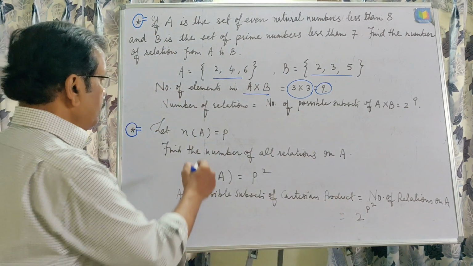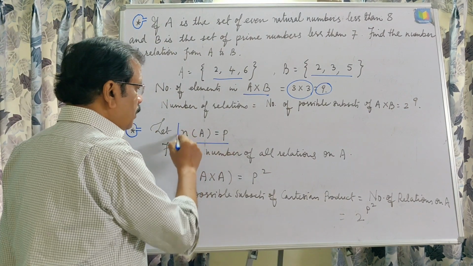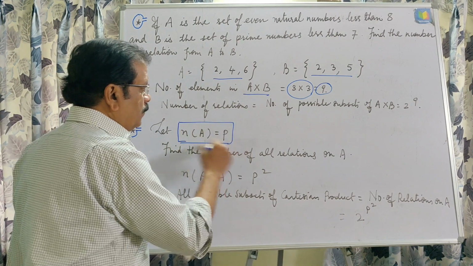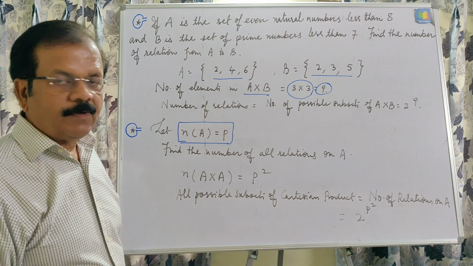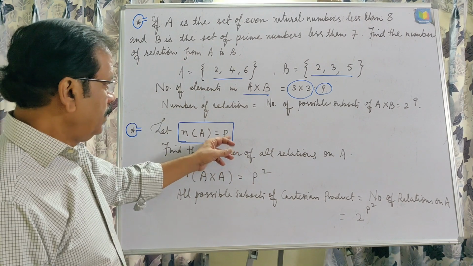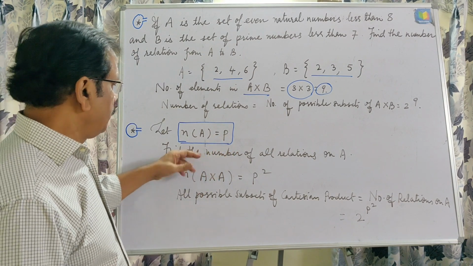In this question, we are given the cardinal number of this set A, which is P, in terms of a variable P, or you can take a constant, whatever.